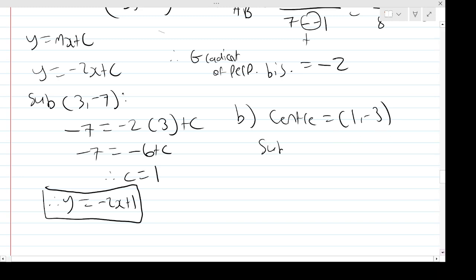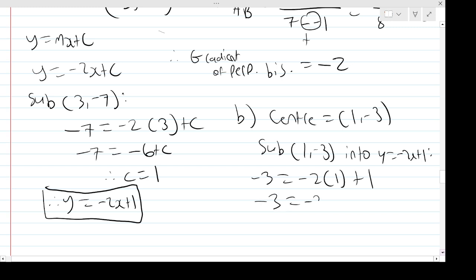So I'm going to sub (1, -3) into y is -2x plus 1. Therefore y is -3, so then -2x will be -2 lots of 1, plus 1, which should get me -3 is -2 plus 1, which is -1.